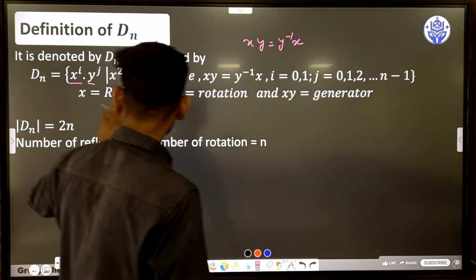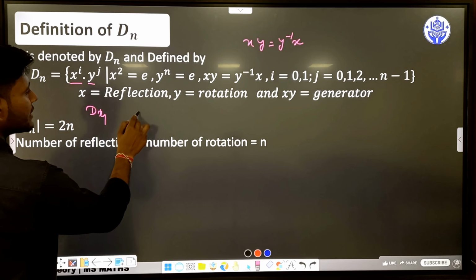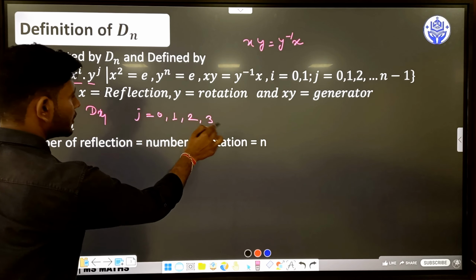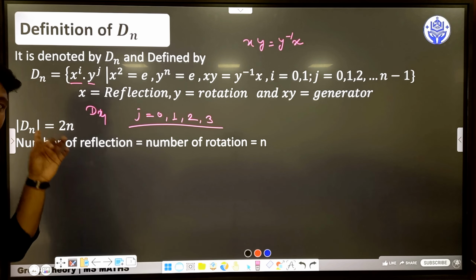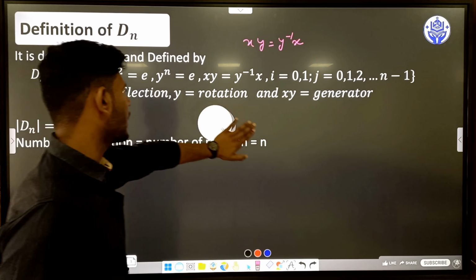Whatever n we take, if I take n equal to 4, then j will be from 0, 1, 2 and 3. So this is j, but i will be fixed for each and every n, that is 0 and 1.